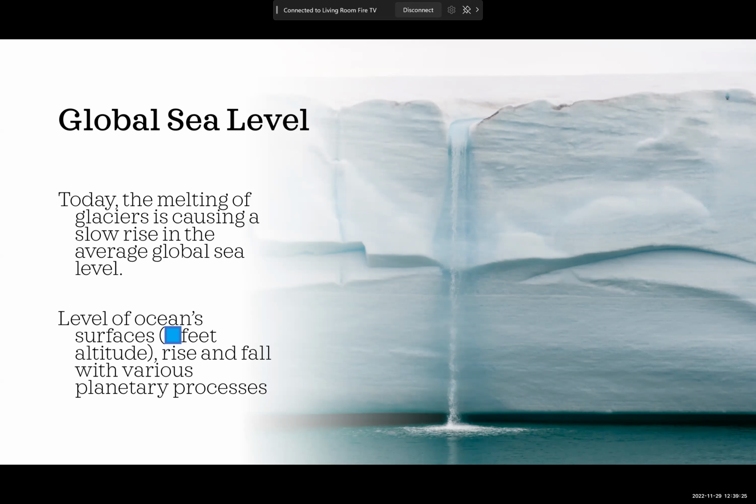So let's think about this to give you an idea of where we start. The level of ocean surfaces, where do we consider that altitude-wise? When we're doing altitude, like at sea level, what is that measurement? Zero. Okay, so if you say you are 100 feet above sea level, you're measuring the level of the ocean as 0.